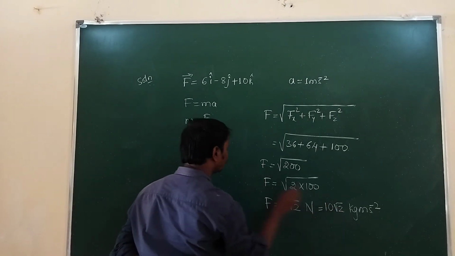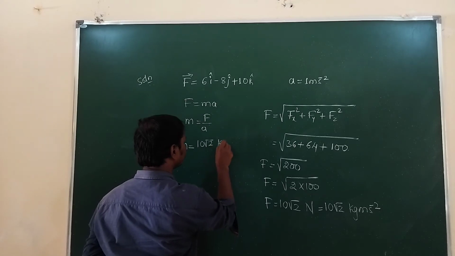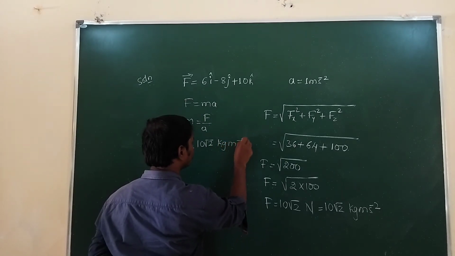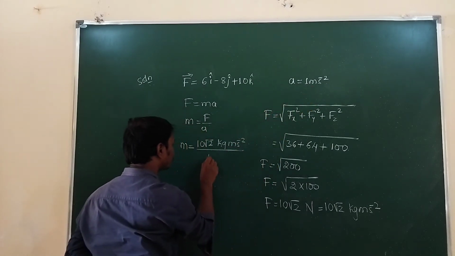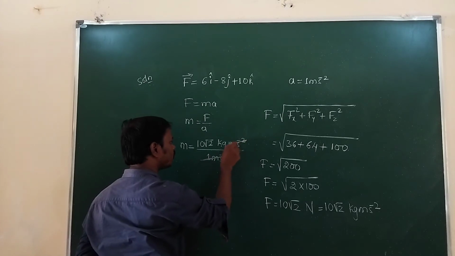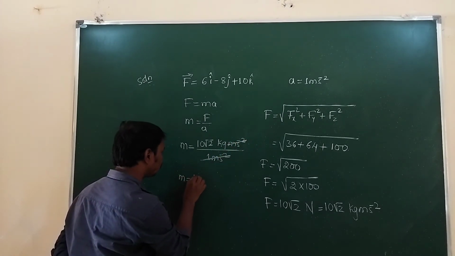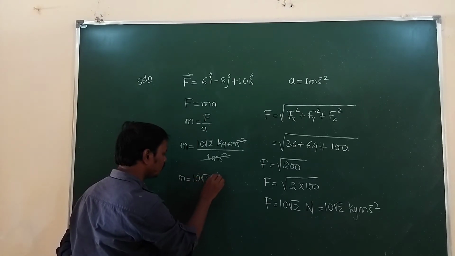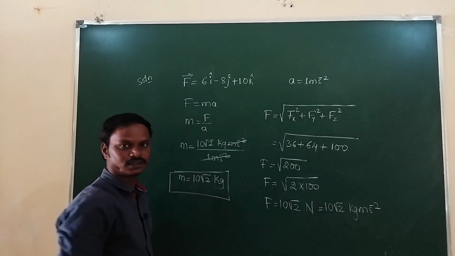That is 10 root 2 kg meter per second square, whole divided by acceleration, how much? 1 meter per second square. Then here meter per second square gets cancelled. Then mass of the body is 10 root 2 kg. Then this is the required answer for the given question.